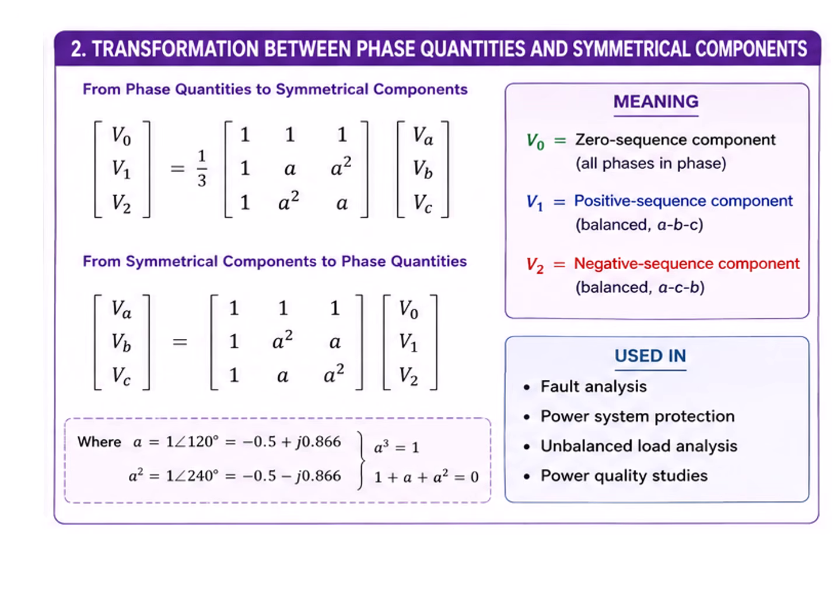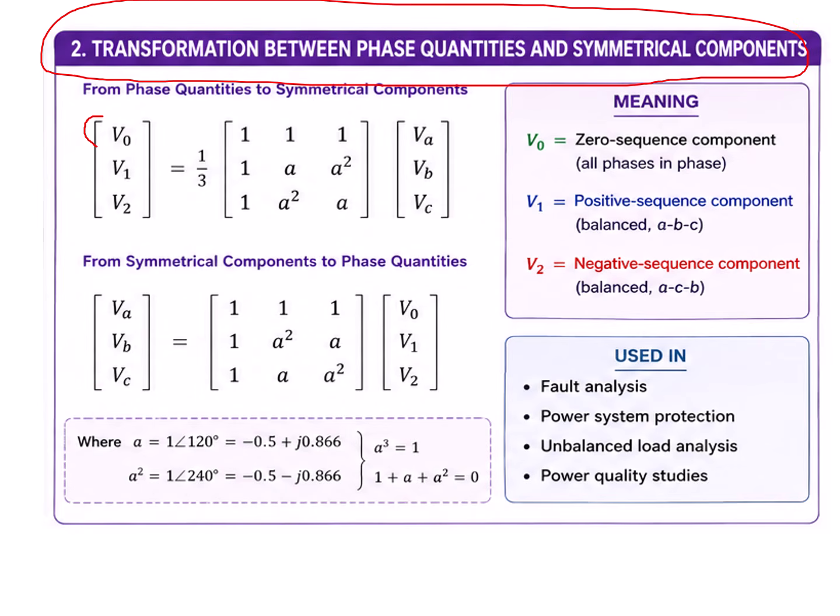The transformation between phase quantities and symmetrical components is done by using this matrix. The zero sequence is obtained as the summation of all three phases, taking the average of it, because we are using three phases and we divide by three. Whereas the positive sequence is obtained as phase A plus phase B with a 120-degree phase shift and phase C with a 240-degree phase shift, and taking the average of that.